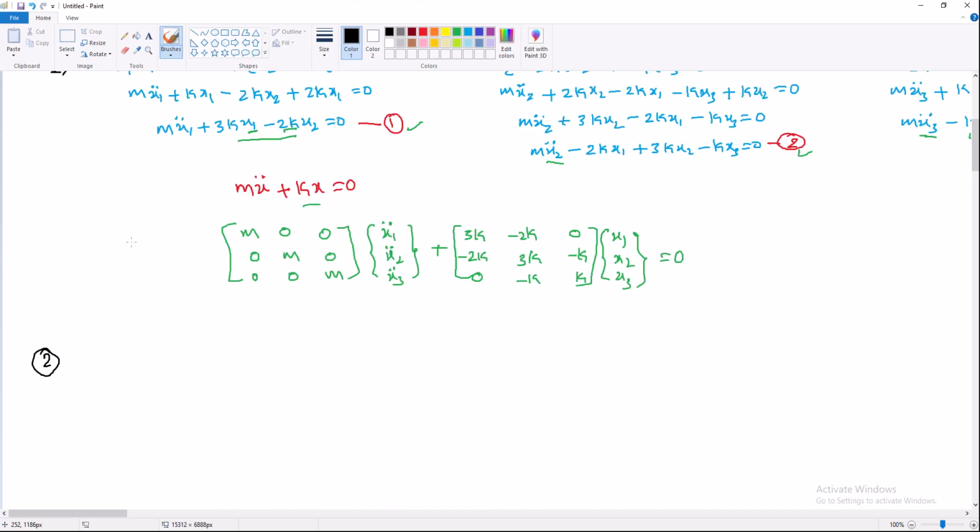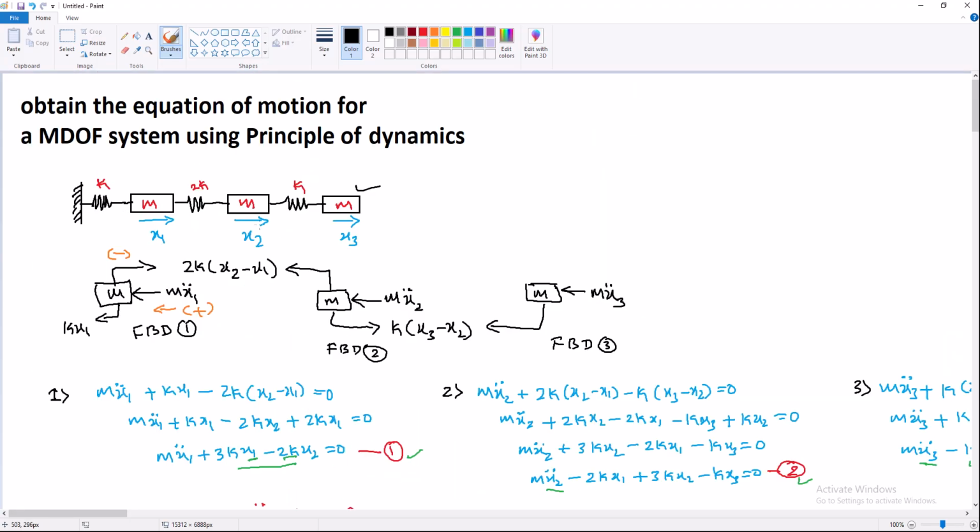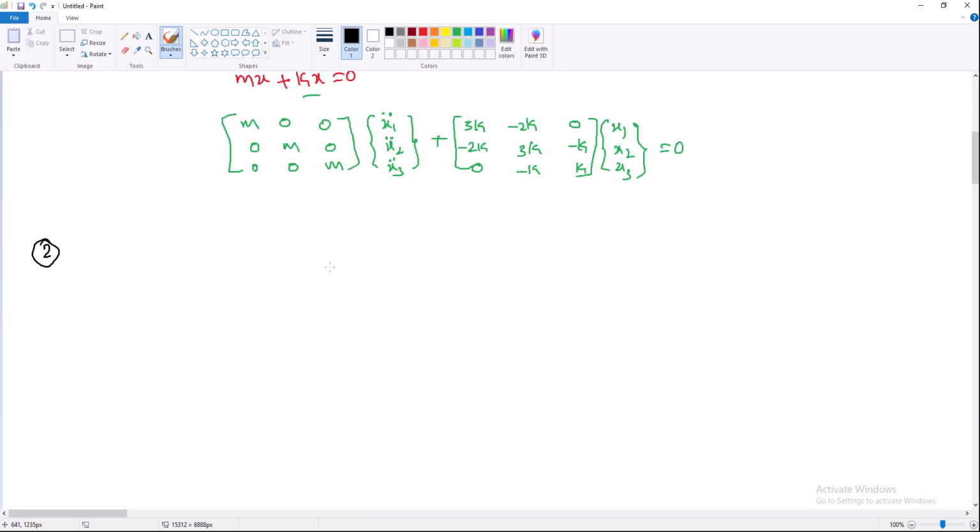In the first problem we had a cantilever type, with nothing connected to the third mass. Now I would like to take a similar case, where a stiffness is connected to the mass m.